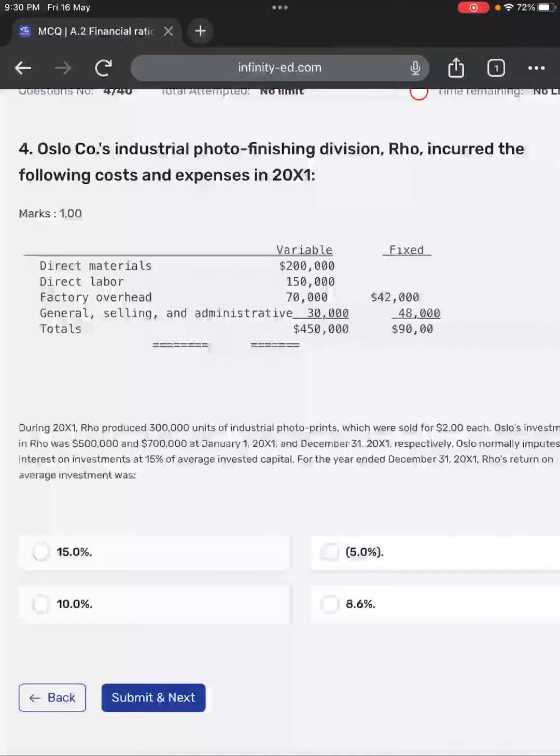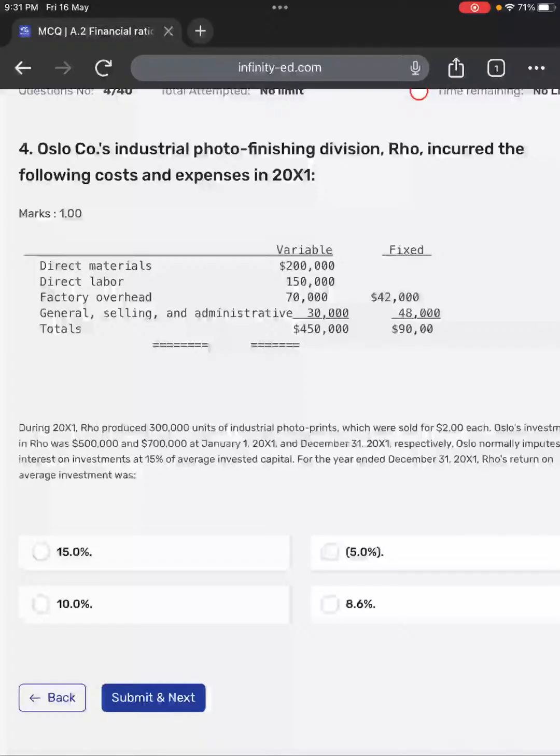Minus direct material 200,000, minus direct labor 150,000, minus factory overhead 70,000, minus 30,000 selling and general expenses, minus 42,000, minus 48,000, which is 60,000.